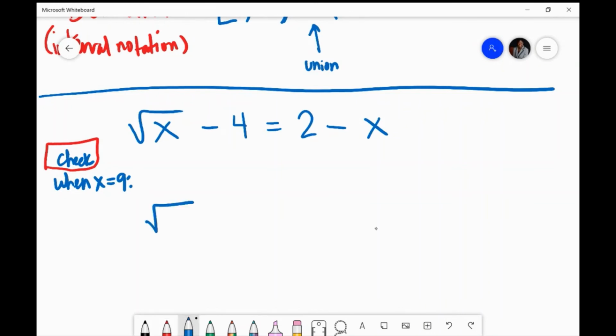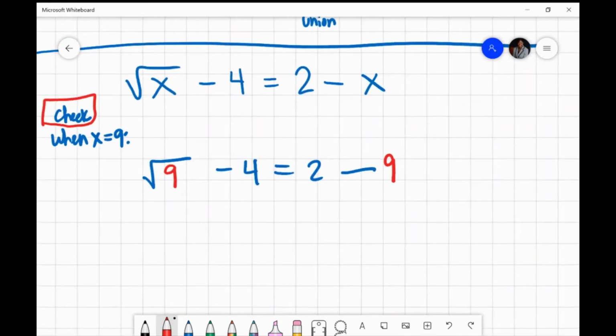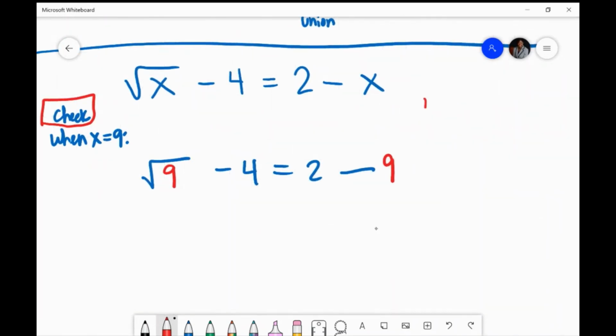So I'm going to leave it blank for a second and change colors. 9 goes here, 9 goes here. I'm checking to see, does the left-hand side equal the right-hand side? You do not move anything over when you're checking.